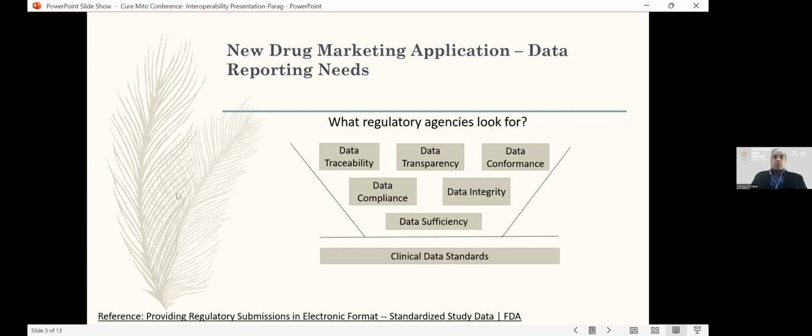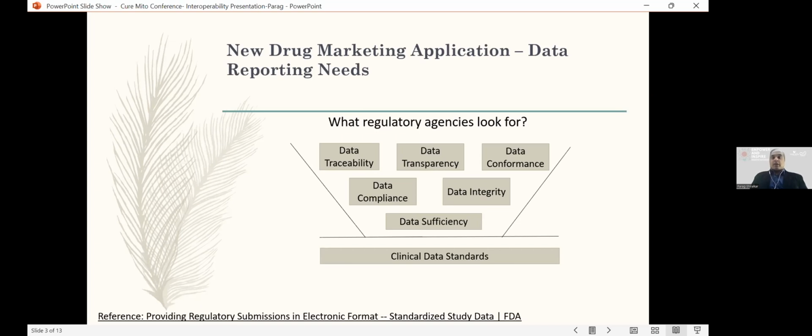So what is the new drug application or biologic license application requirement, the filing requirement with regulatory authorities, whether it is FDA or EMA or PMDA, the Japanese agency? Rhonda gave a brief synopsis of which regulatory agencies mandate the use of CDISC standards and which recommend it.